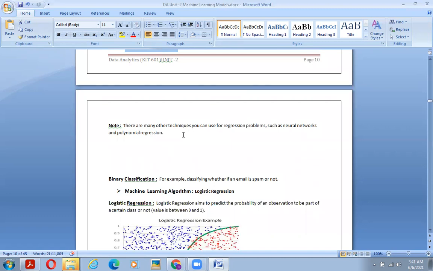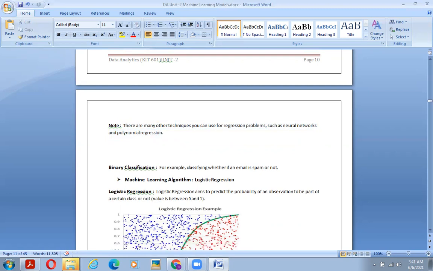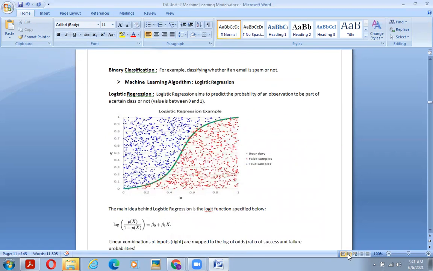There are many other techniques you can use for regression problems, such as neural networks and polynomial regression. Now let us understand what binary classification is all about. That is logistic regression, where we go for true samples or false samples and create a boundary.